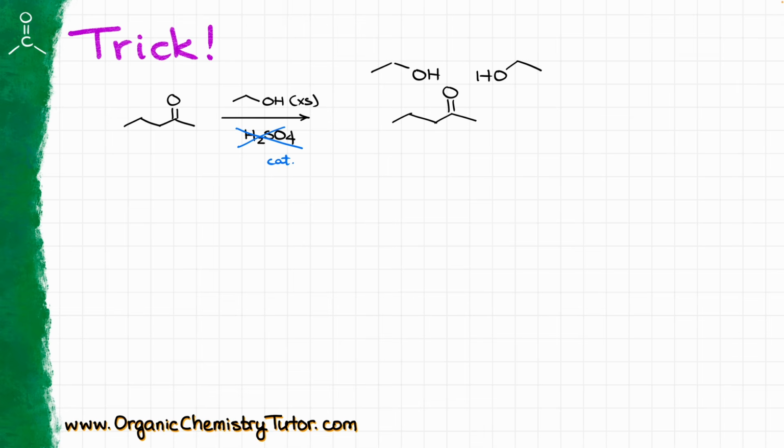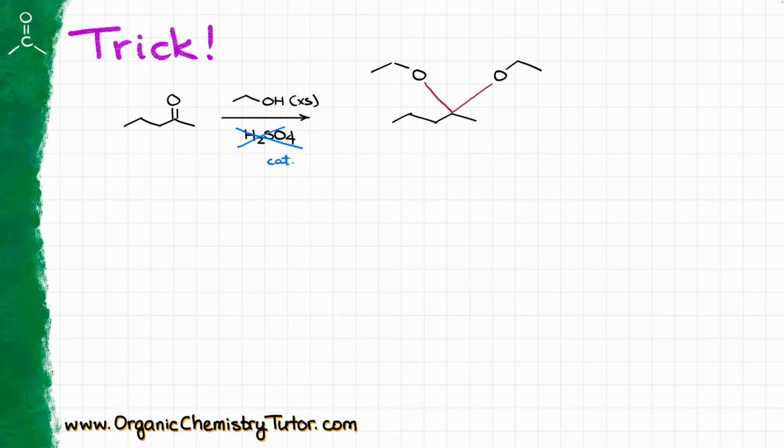The next thing that I'm going to do, I will take my eraser and I will erase the oxygen of the carbonyl, and I will get rid of my hydrogens, and then I will just connect my oxygens to the carbon where I used to have my carbonyl. And there we get it, this is our product.